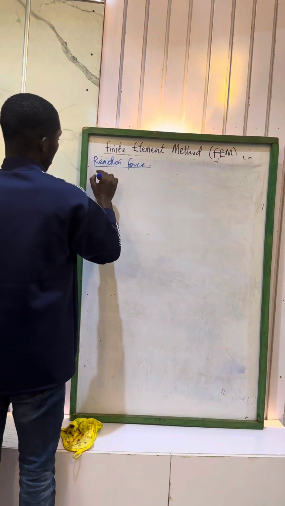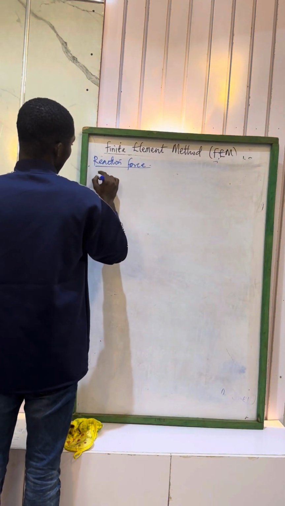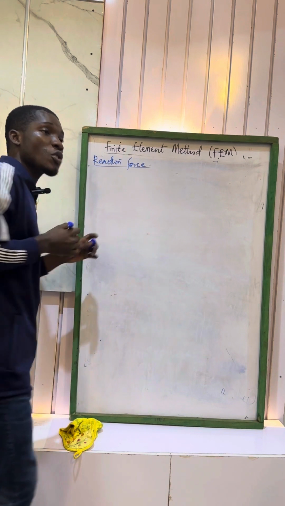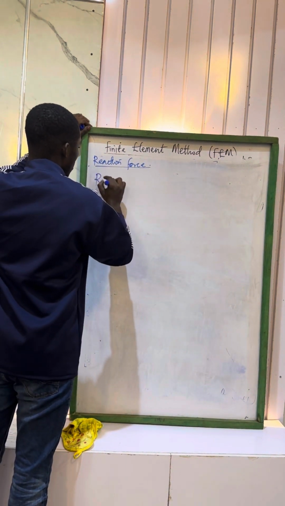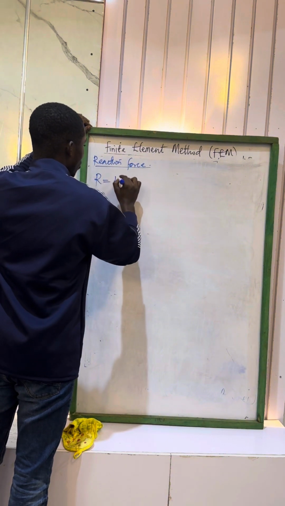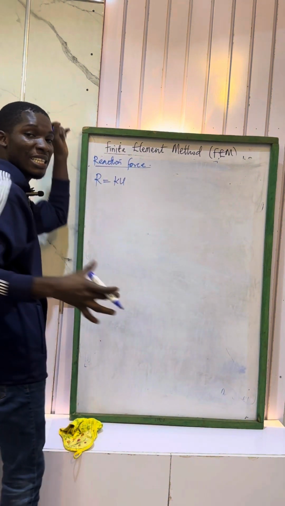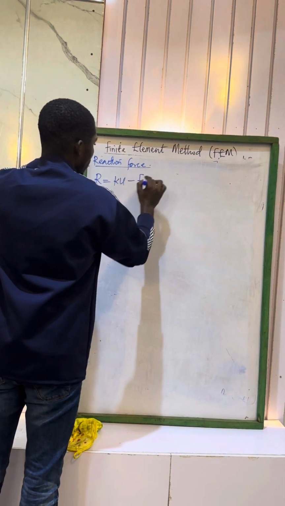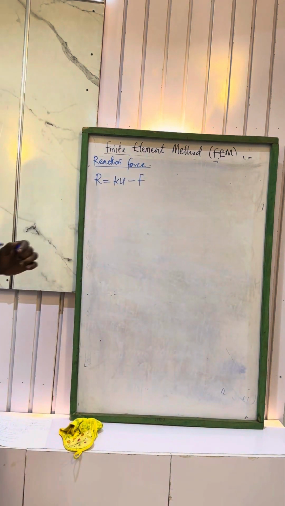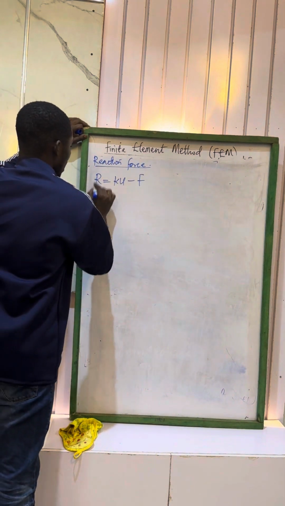The next thing we're going to do is to determine the reaction force. Please take note that the reaction forces are equal but opposite. So the reaction force R equals KU. You know where this K is coming from? That is the total force induced on the object minus individual forces. Take note. Minus individual forces. So that simply means this also will have its own vector.